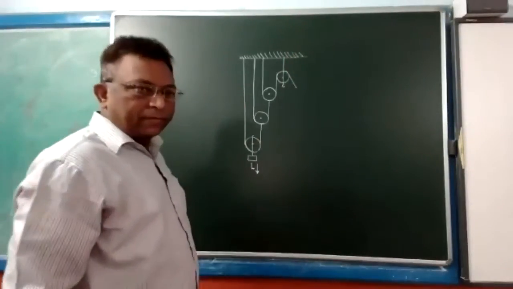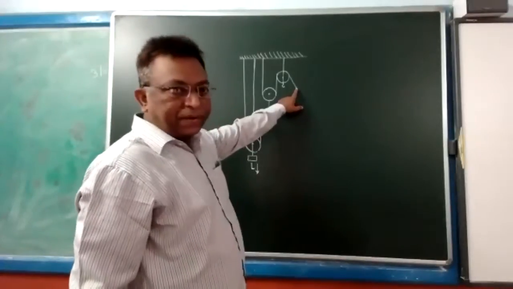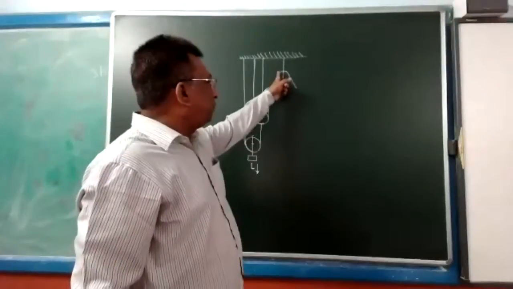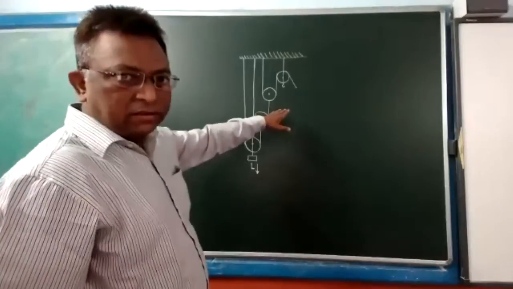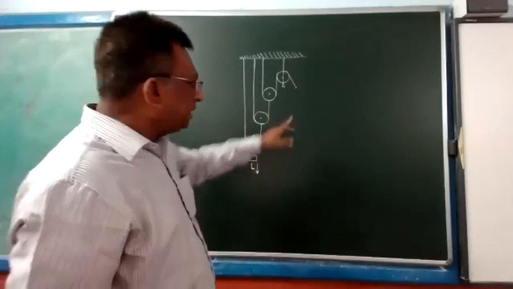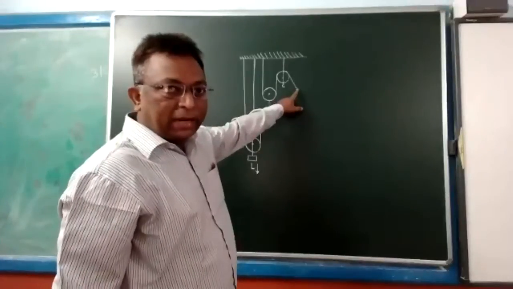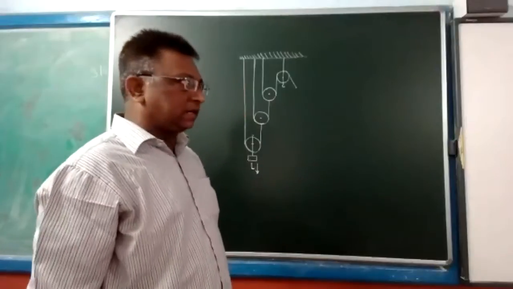A person is standing and holding this free end of the string or rope, passing over various pulleys. He has not yet applied effort in the convenient downward direction.